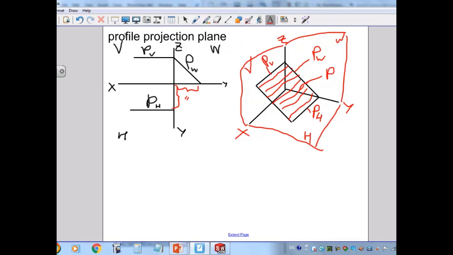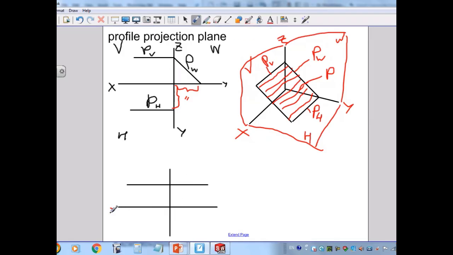There is another type of projection possible, the projection of level. So how does it look? It looks like this.